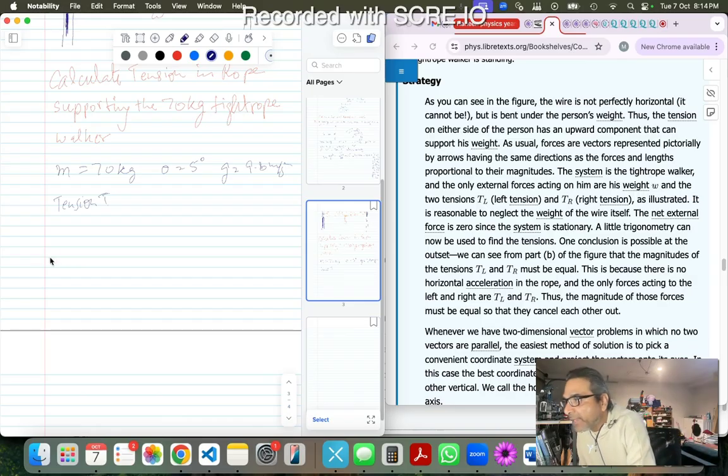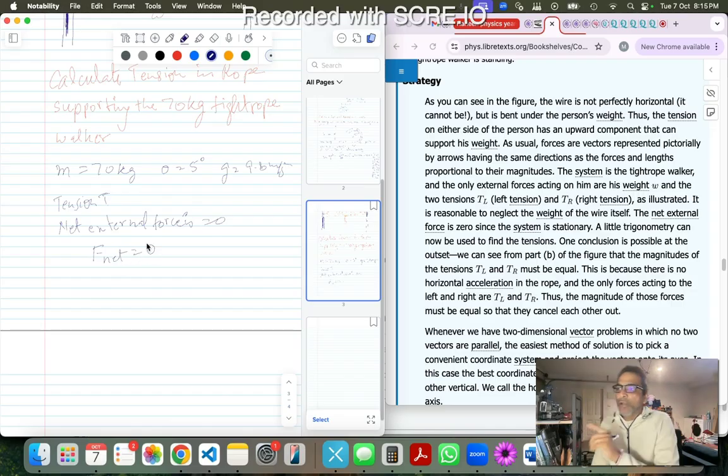The second thing that we can write down is that the net external force is zero. That means F net equals 0. So that's the second equation. Trigonometry can now be used to find the tensions.